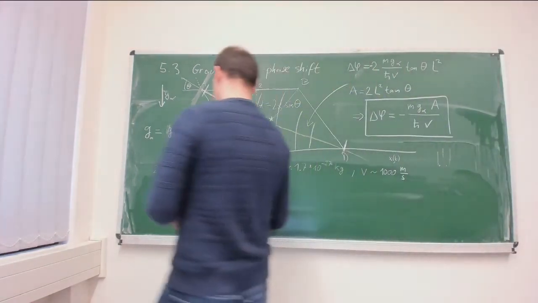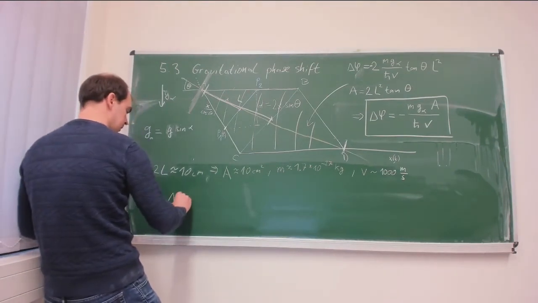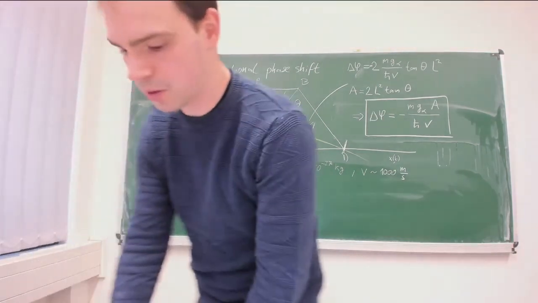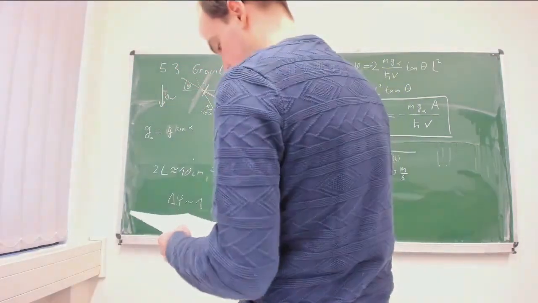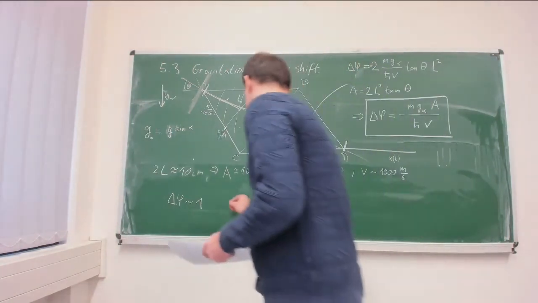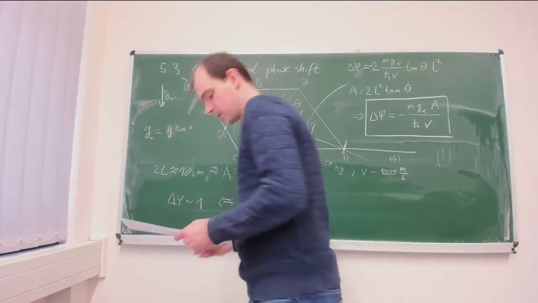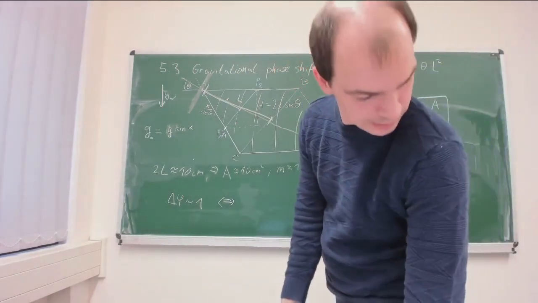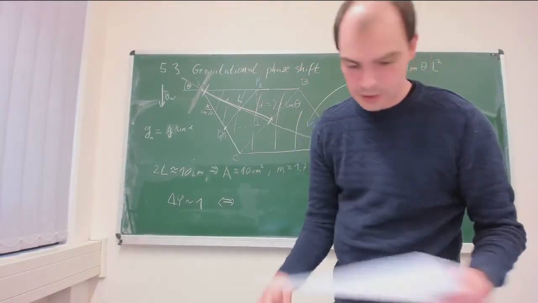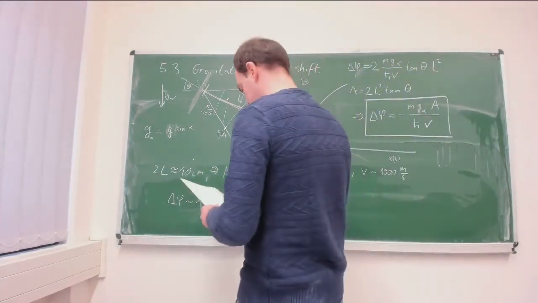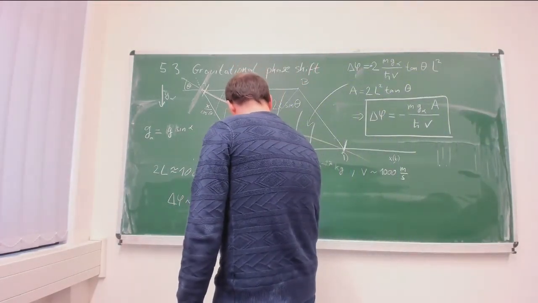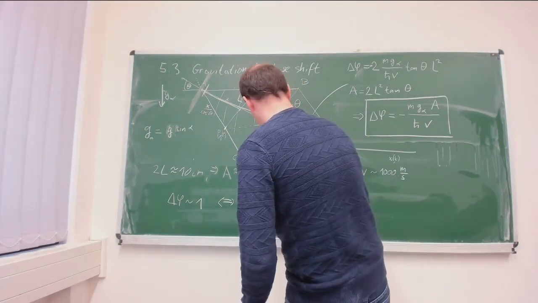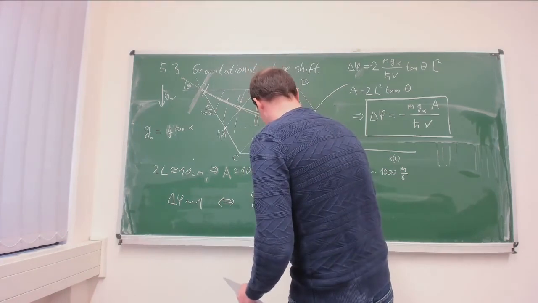And now we want a phase shift that is measurable. So we want a phase shift that's of the order of 1 somehow to measure something. And now if we insert all of those numbers, this means that we require a g alpha that is roughly ħV divided by NA.